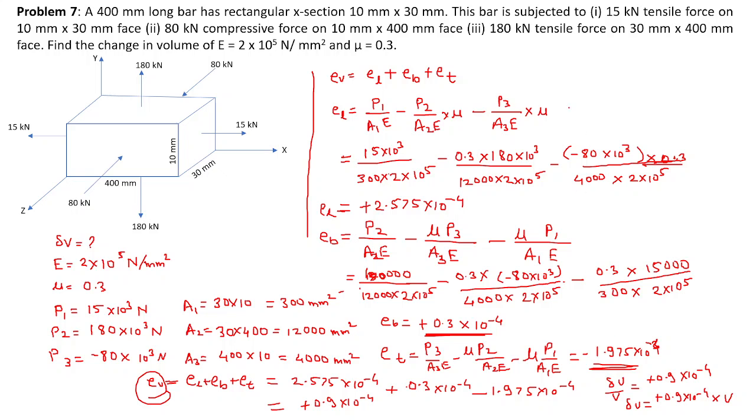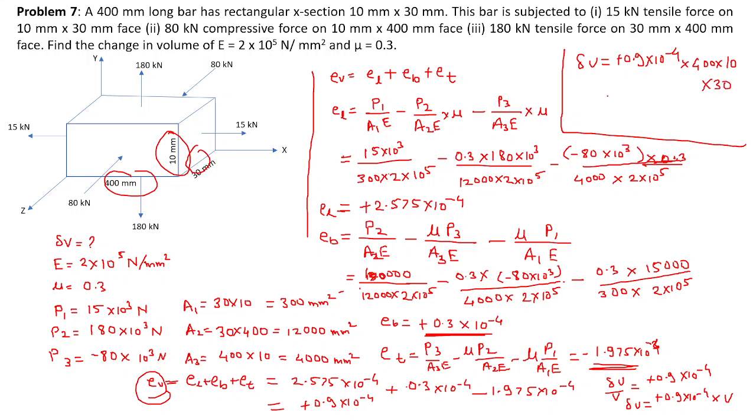Okay, then I'm calculating here. Delta V is equal to plus 0.9 into 10 raised to minus 4 into V. What will be V? V will be 400 into 10 into 30.